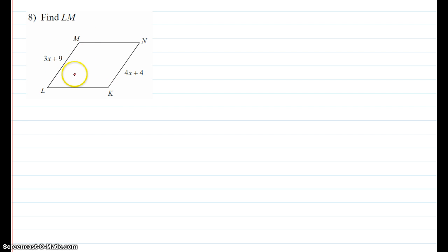All right, so now as we look at number 8, notice we're given these two sides. Remember that the opposite sides of a parallelogram are equal. So we just need to write 3x plus 9 is equal to 4x plus 4. Now we just solve it.